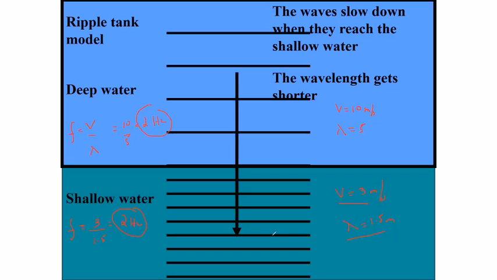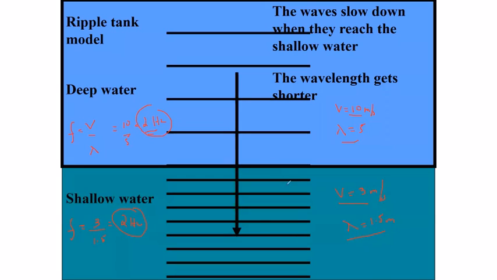Look, I'll repeat this part. The speed of the wave is 10 in a deep region and the wavelength is 5. In a deep region, the wave can travel easily, so that's why it is moving faster, as the particles do not absorb too much energy. So speed is 10, wavelength is 5, 10 divided by 5 is 2.